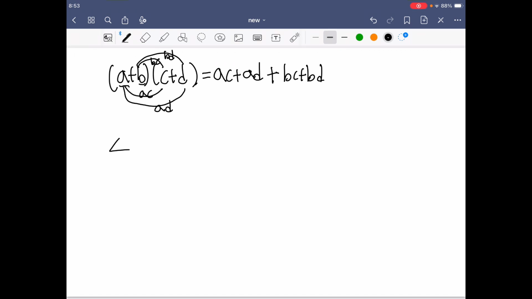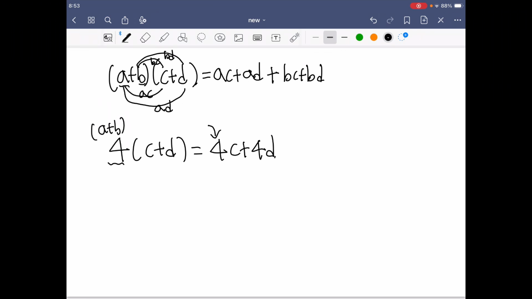Let's say 4 and C plus D, and we know this is 4C plus 4D. Let's replace this 4 with A plus B. But I want to calculate A plus B, not 4.